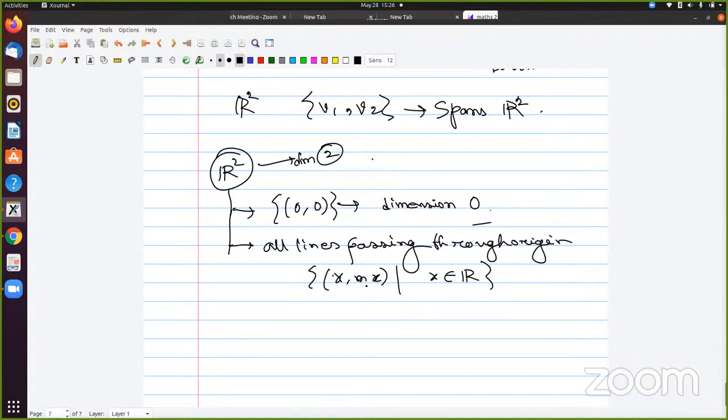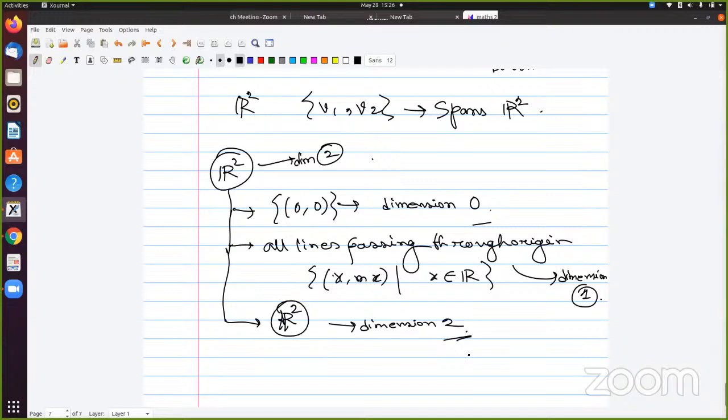Y is dependent on x. So this has dimension 1. And another is R2 itself, which has dimension 2.